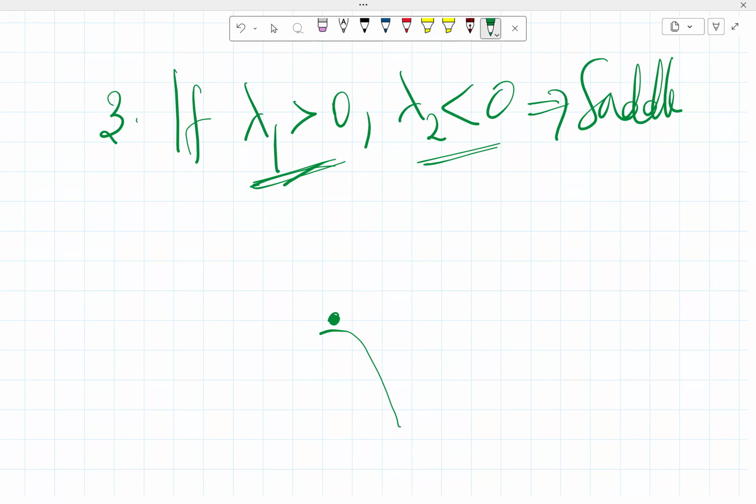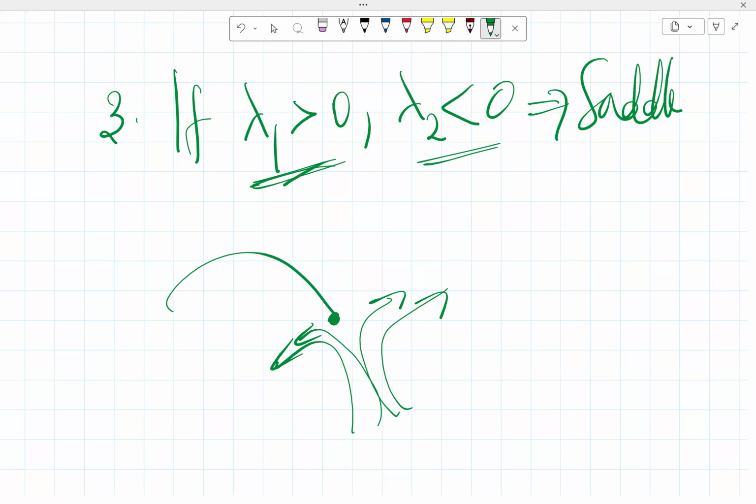They can't stay. This comes and goes away, this comes and goes away. But on the other side, you have some points coming and entering. So that's like a saddle. You have conflicting signals, if you like.